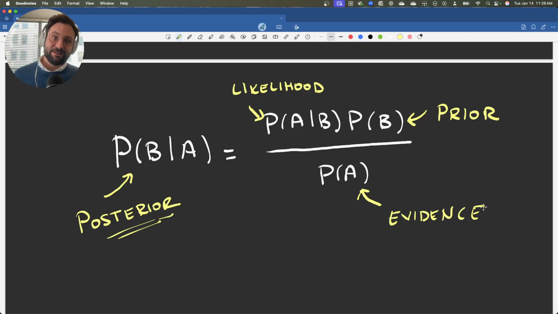And this evidence is obviously not directly calculable because I don't know if this evidence is coming from B or not B, or other possibilities of B. Therefore, the evidence calculation needs to be marginalized over all possible values of B, the thing that I want to estimate. So that is Bayes rule for you.